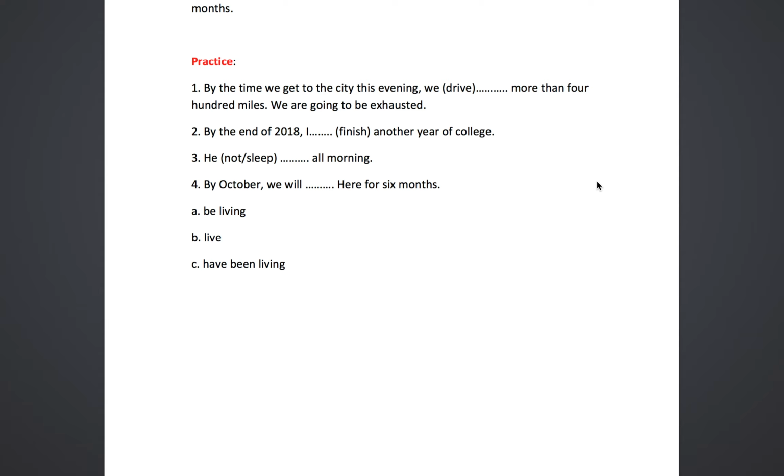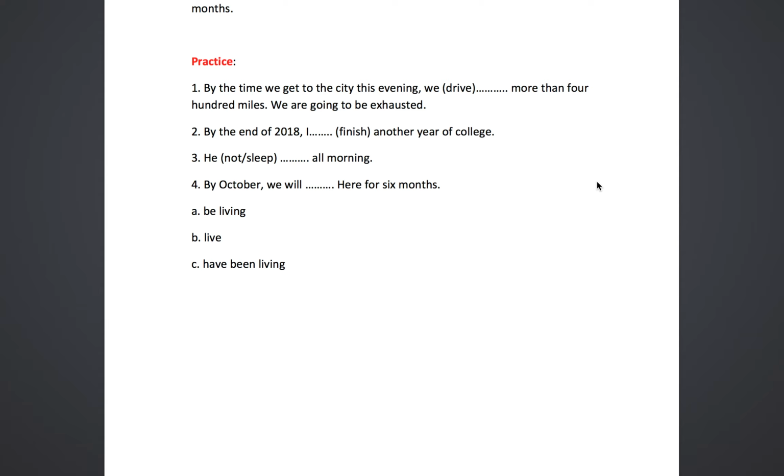From the tense or from the clauses, we can come to the conclusion that this indicates a future action, in which the action hasn't happened yet, but it's going to happen in the future. By the time we get to the city this evening, you can say we will have been driving more than 400 miles. We are going to be exhausted, which will happen in the future.